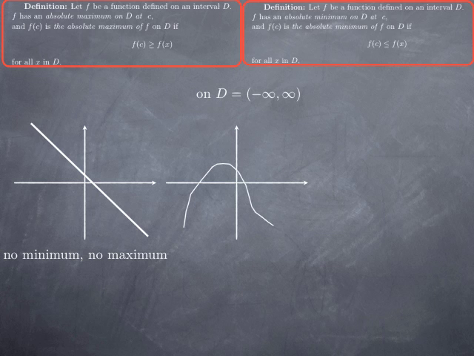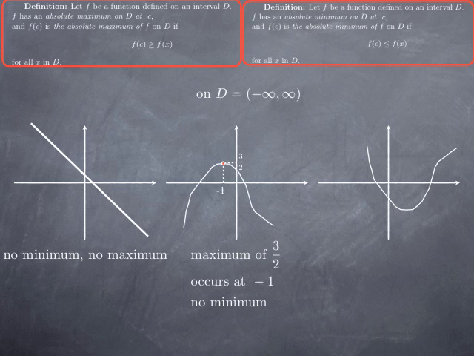This function, also defined on the real line, would have a maximum value. Specifically, the maximum value would be 3/2 and it occurs at -1, but you see that it has no minimum. So we can have a maximum without a minimum.